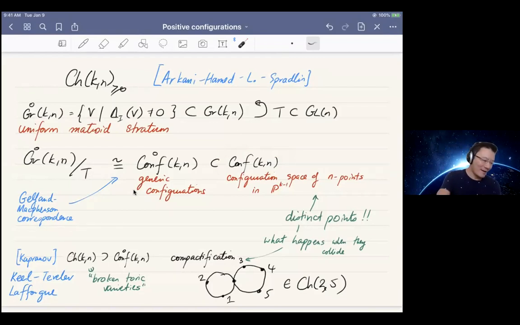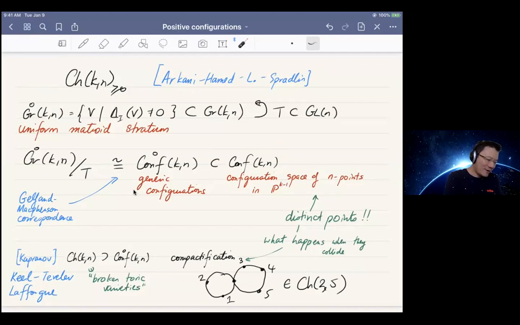So there's a shift by one in the indexing. I take a projective space and I take n points in it, and these n points have to be distinct. So I take distinct points, and then I consider this up to projective transformation. Two configurations are the same point in Conf(k,n) if they're related by PGL_k.